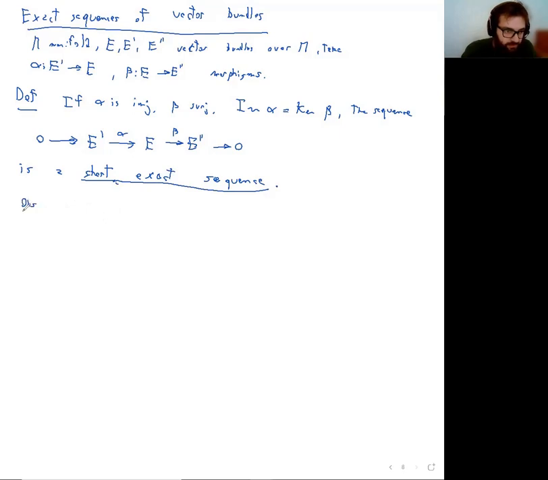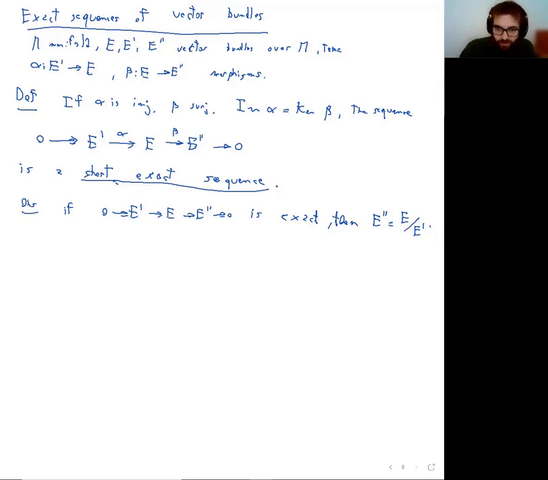And observation: if we have such a short exact sequence, then the last bundle is just the quotient of the first one. Because beta is surjective and alpha is injective, you can think of E prime as a subbundle of E, and basically by the last proof, you get the same.